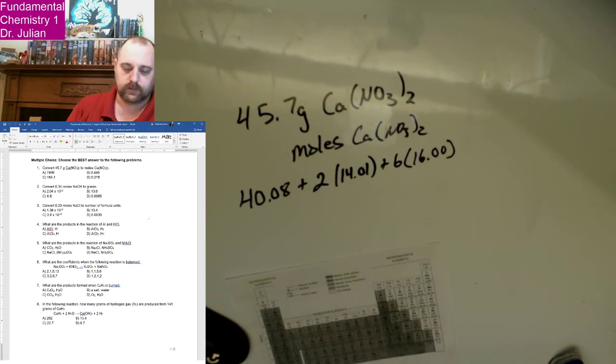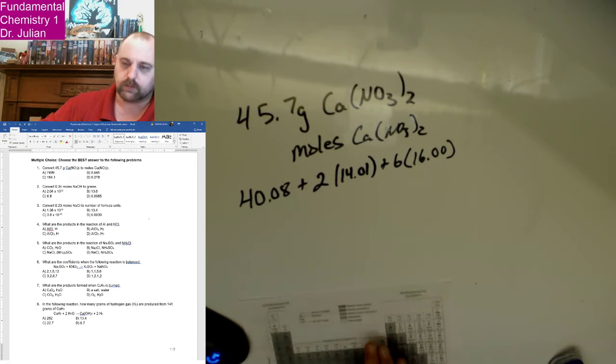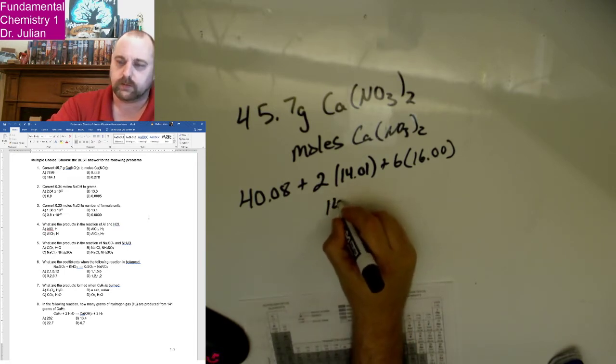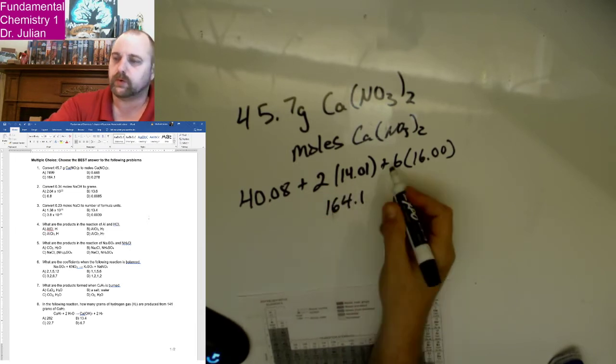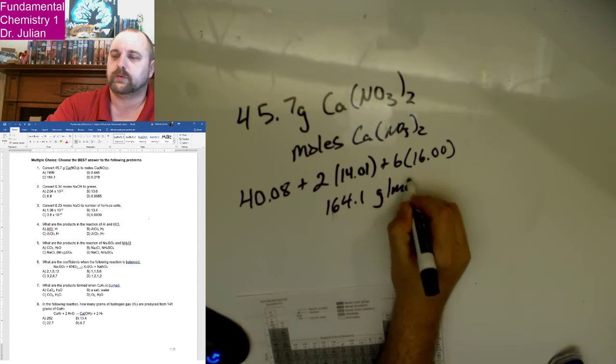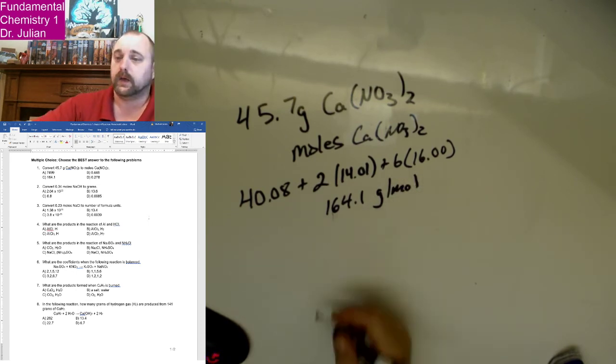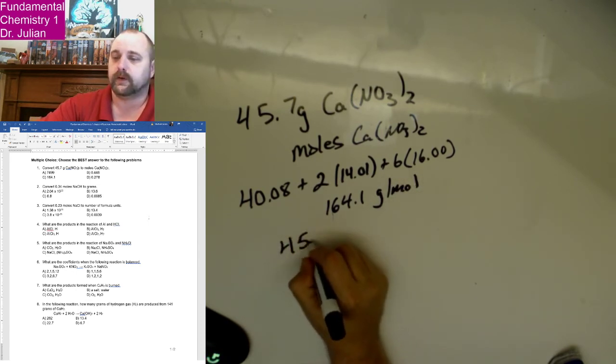And that's going to be our number for our molar mass. 40.08 plus 2 times 14.01 plus 6 times 16, 164.1 grams per mole. We have molar mass. So now I can set this up.